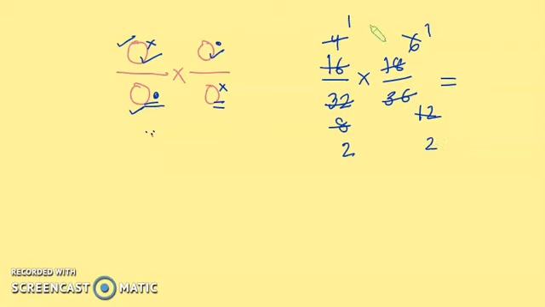Now you are left with 1 and 1 in the numerator and 2 and 2 in the denominator. So our answer would be 1 times 1 divided by 2 times 2, and then our final answer is 1 times 1 is 1 by 2 times 2 is 4. And that is our answer.